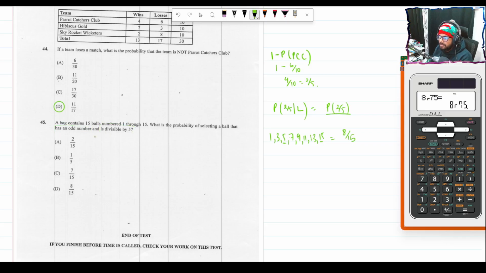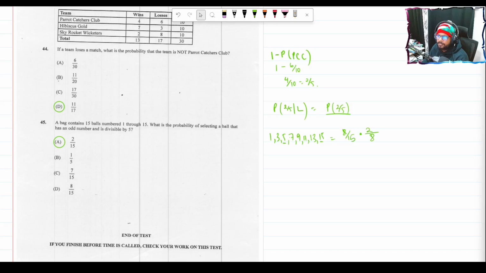We have 8 odd number balls and 2 of those odd number balls are divisible by 5. So to select a ball that's divisible by 5, out of the first set of balls I selected, it's going to be 2 out of 8. And I'm going to get 2 out of 15 as my answer. Right, I'll check that back. Yeah, that's the answer for it.